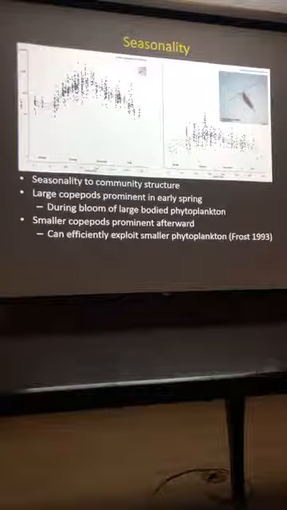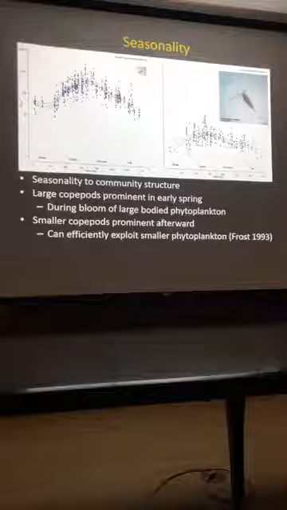But what's going on here is that large copepods basically are very prominent during the early spring. And during the early spring, when there's all these nutrients and all the sunlight around, that's when you're getting a bloom of incredibly large-bodied phytoplankton. So these big disc-shaped diatoms that these big copepods like to eat. Large copepods aren't going to spend a lot of time sifting through super tiny things. Okay?